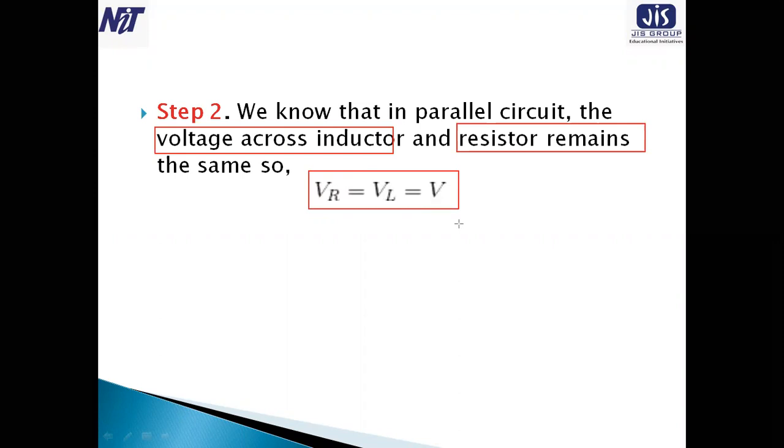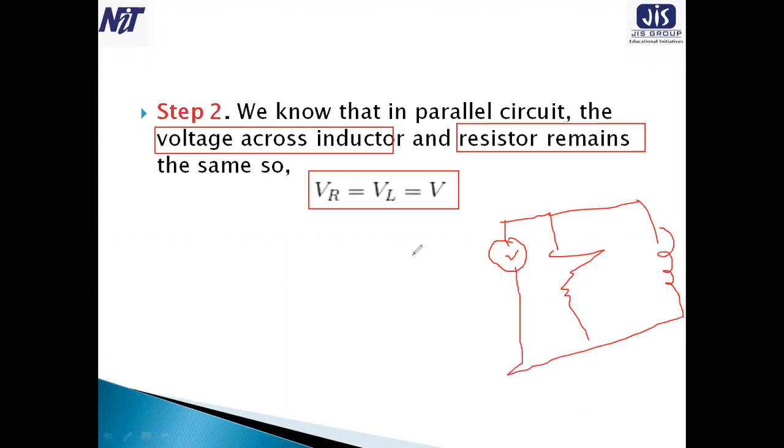The resistor and the inductor are all connected in parallel, and the voltage source is always connected in parallel. So the voltage drop across the resistor VR and the voltage drop across the inductor VL are all the same. For that reason, it is written VR equals VL equals V.